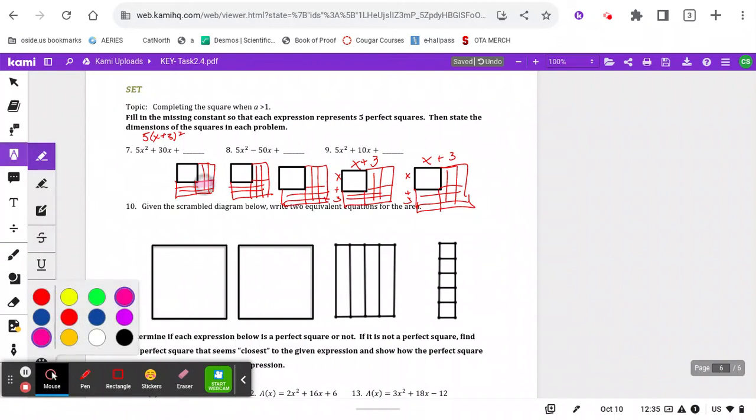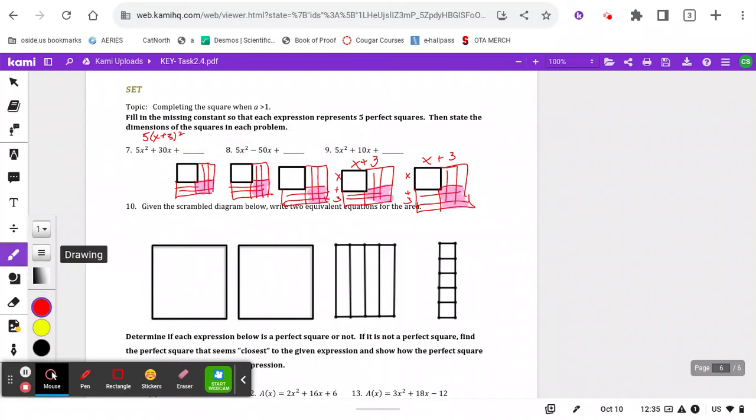So right here, there's 9, 9, 9, 9, and 9, because of all of these 3 times 3's. 9 times 5 is 45. So find the missing constant so that each expression represents 5 perfect squares. I need to do 5 times this 9, or 45.